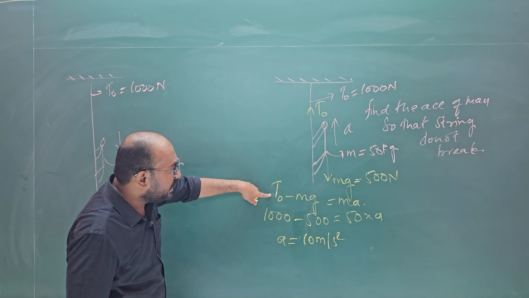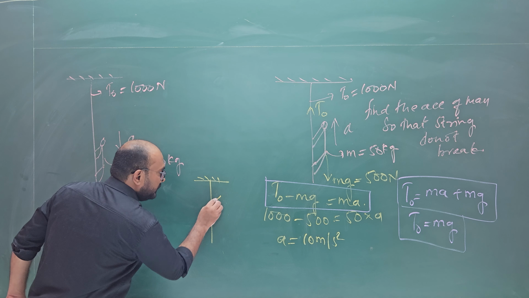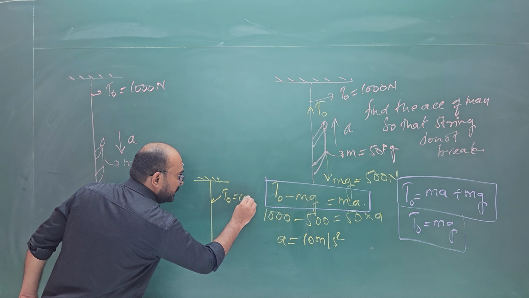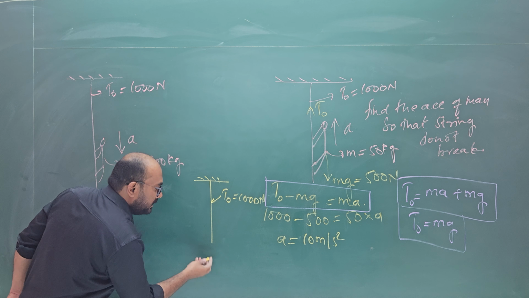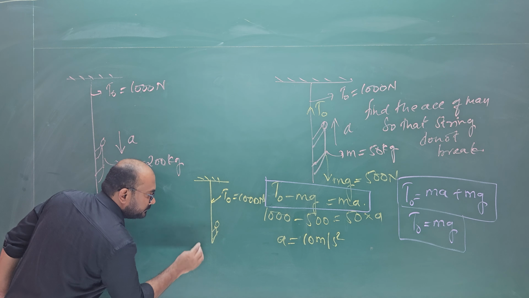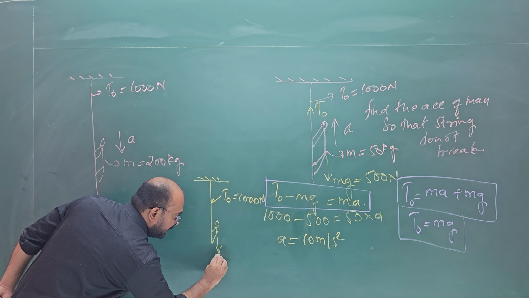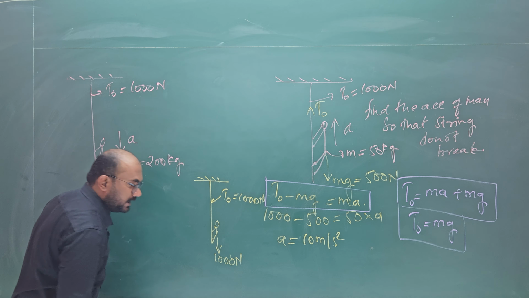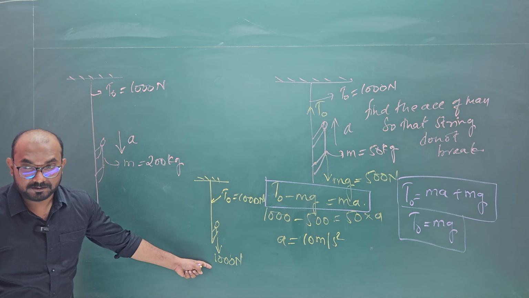Who is greater? Take a person of 100 kg, and the breaking strength of the string, T naught, is 1000 Newton. Because of this 100 kg, what is the mg? 1000 Newton.